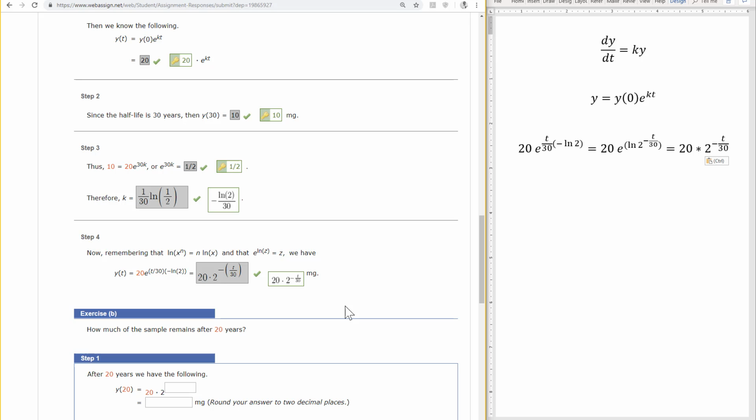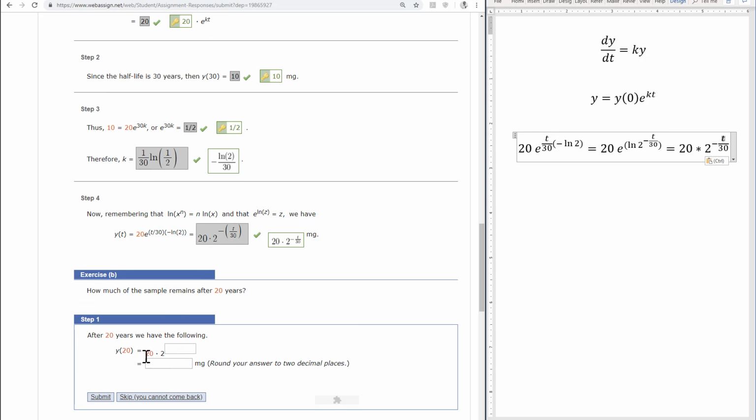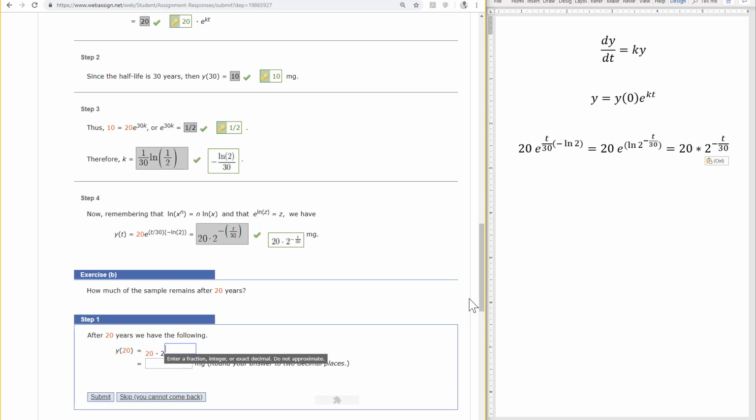So now they want to know how much is left after 20 years. So we're essentially going to put 20 in for t. Let's see what they have here. After 20 years, we have the following. This is going to be 20 times 2 to the negative 20 over 30, so that's negative 2/3.